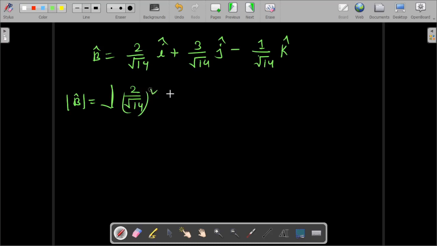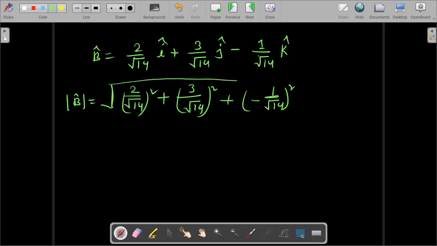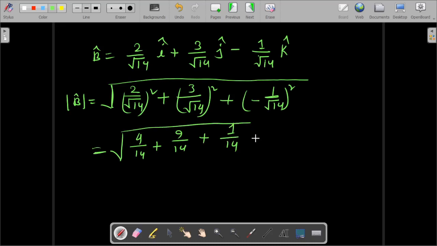The square root of 4 by 14 plus 9 by 14 plus 1 by 14. Okay.